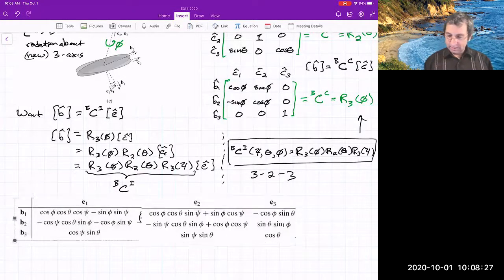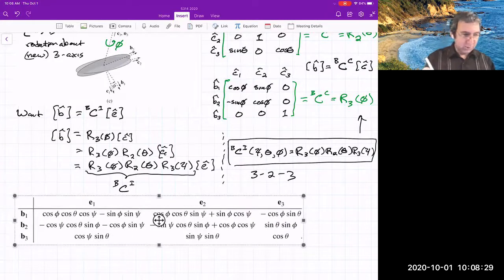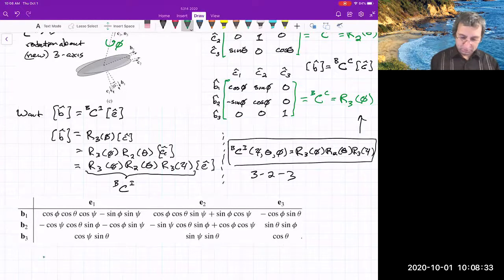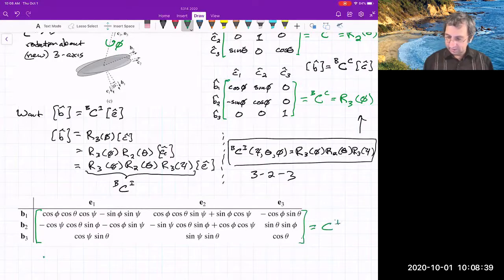So each of these components is what you would obtain if you were to work out the matrix multiplication. So this is CIB for the 3-2-3 Euler angles.